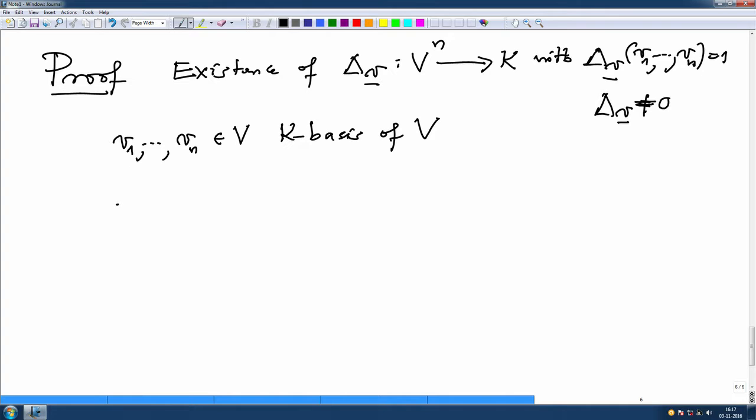and look at the dual basis, that is V1 star to Vn star.